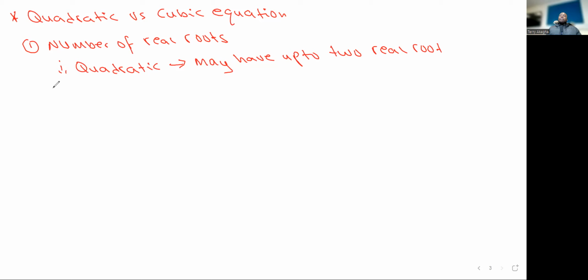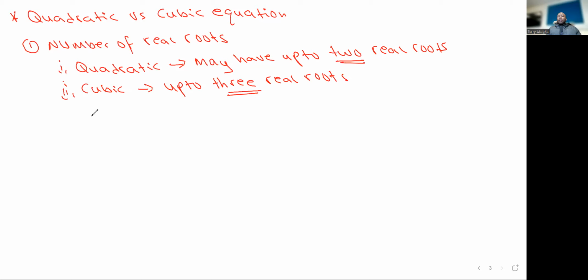Is that okay? But a cubic is a bit different. In a cubic you can have 1, 2, or 3, so you can have up to 3 real roots. So for cubic you can have up to 3, but in quadratic you have what?